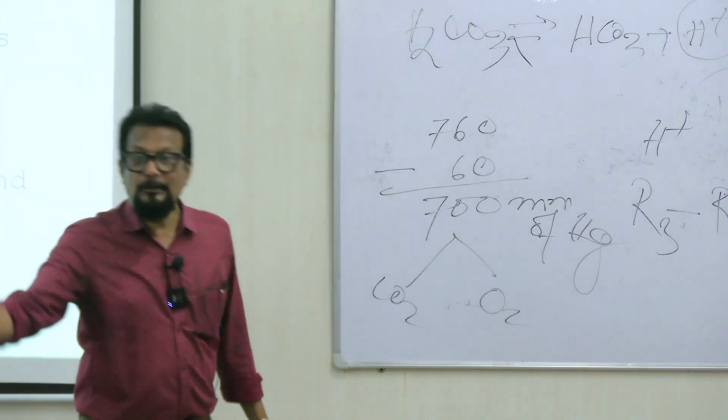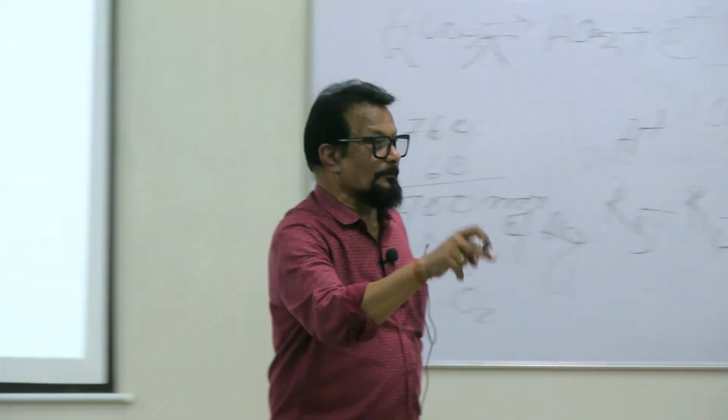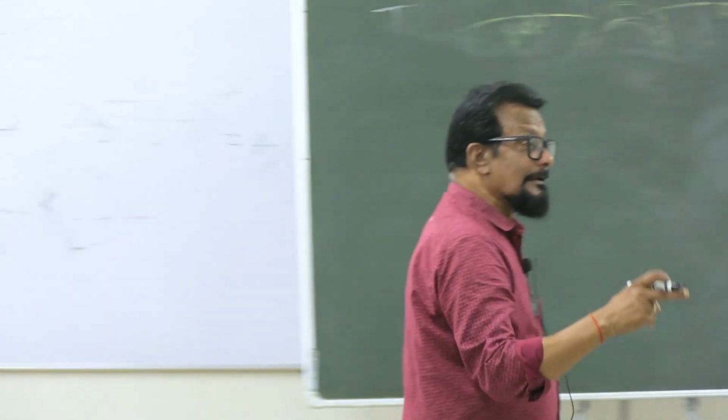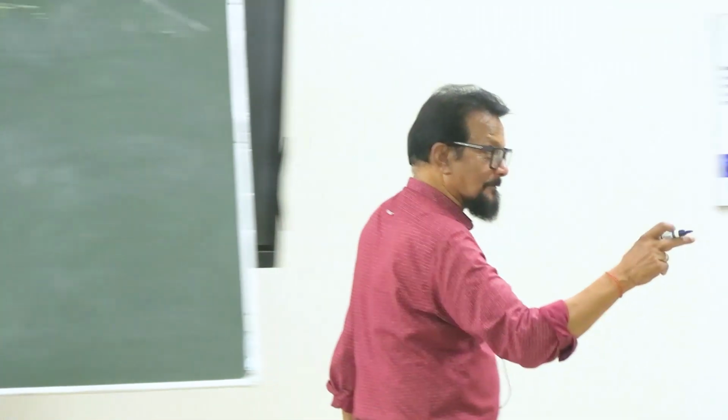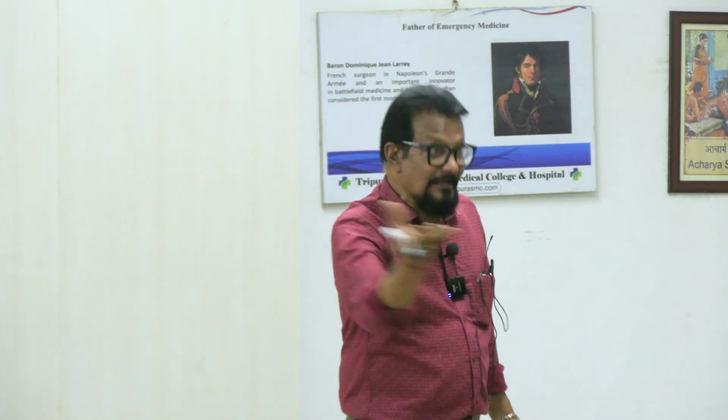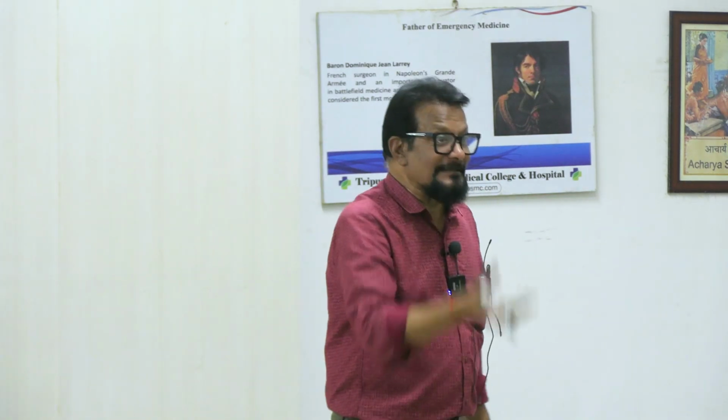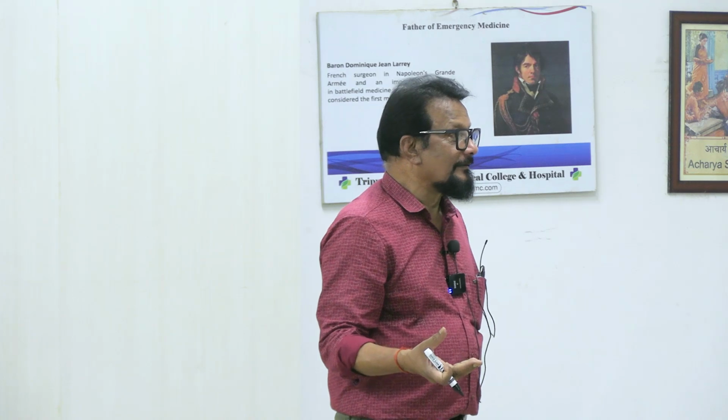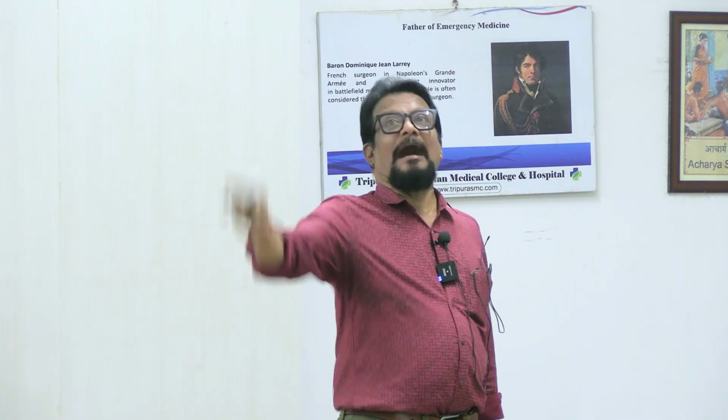So how much will be the partial pressure of oxygen? How much will be the partial pressure of carbon dioxide? It depends on the concentration of each gas here. If you take 100 ml of air, how much oxygen will you get? 21%.